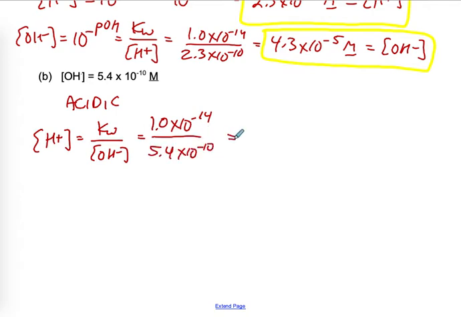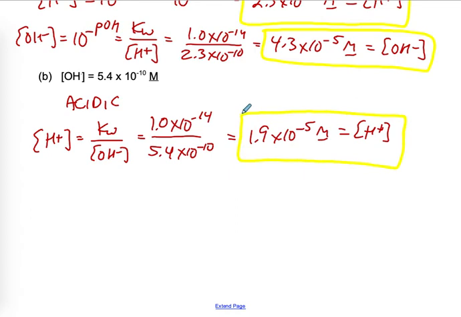Notice that because equilibrium constants are unitless, I'm not including units in my calculation, but I am including units in the final result. And I get 1.9 times 10 to the negative 5th molar as my hydrogen ion concentration. Again, greater than that of neutral water, therefore consistent with an acidic solution.